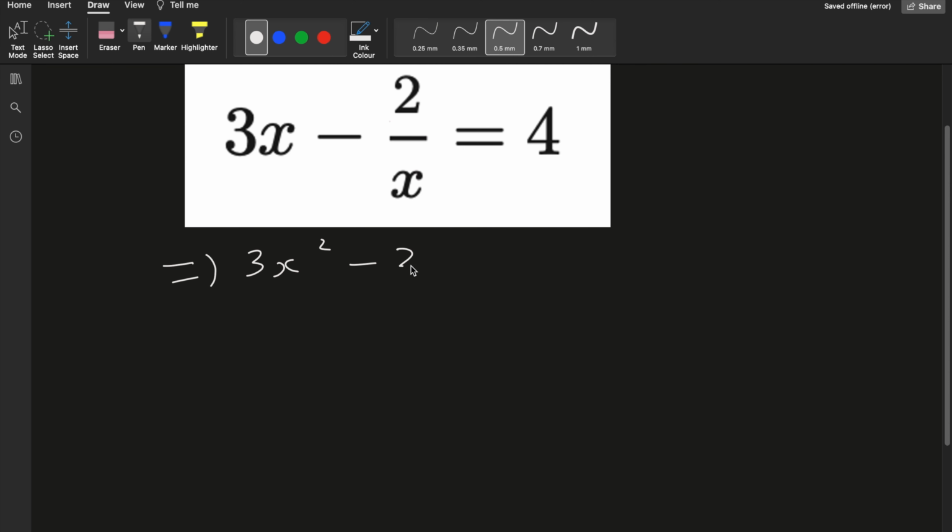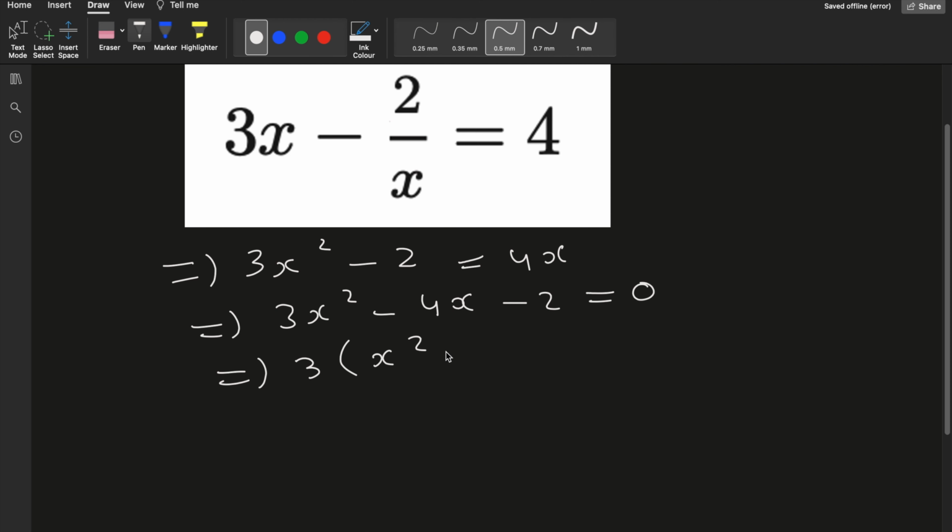This will be minus 2 equals 4x. Now let's transpose this to this side. Implies 3x squared minus 4x minus 2 equals 0. And then let's take 3 as a common factor. So 3 into (x squared minus 4 divided by 3 x minus 2 divided by 3) equals 0.